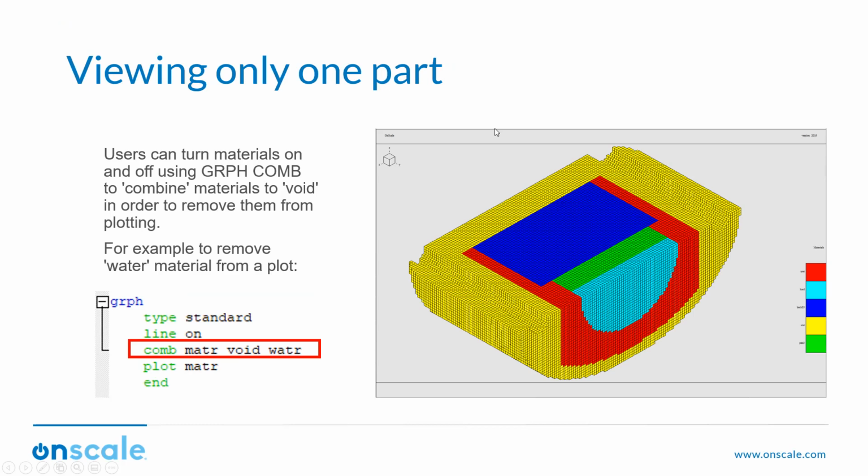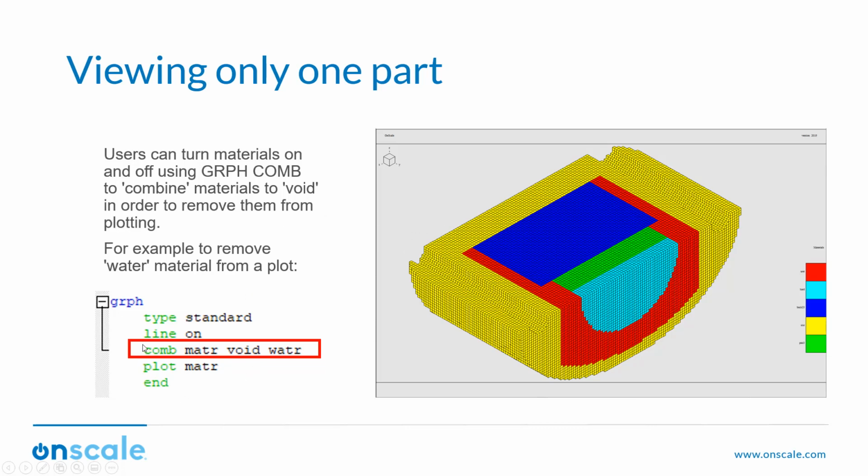Now, if I want to view only one part, there is a useful command called comb, which will combine materials. The trick here is to combine a material with void to make it transparent, so basically remove it from the visualization.